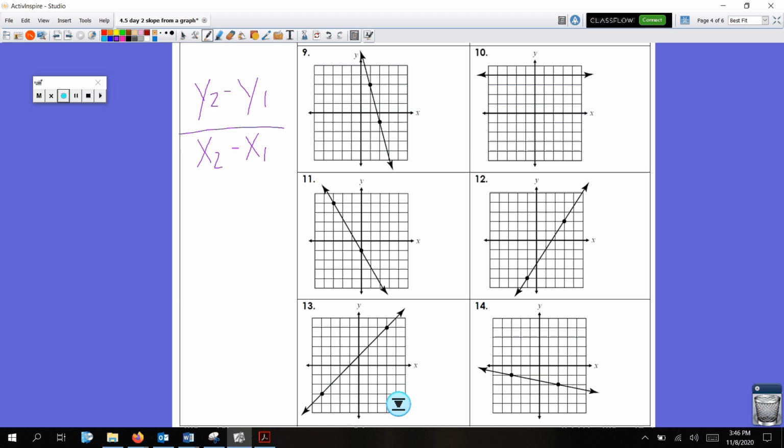And then you can also count the vertical rise over the horizontal run. Make sure you're notating if it is positive or negative. Rise over run, all right? So pause the video. Write down on your little piece of paper that you're taking notes with the slope of 9, 10, 11, 12, 13, and 14.